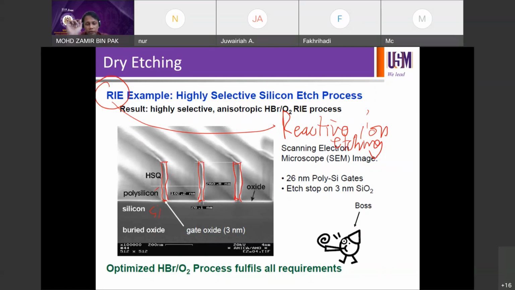Height over width, right? We will remove these portions using RIE, we etch, and it's a very highly directional process. We remove in one direction. In this case, if you used isotropic etching, everything would be gone. So you have to use anisotropic etching, which is the RIE process. So this is one example.